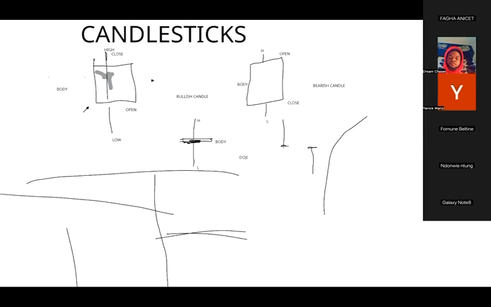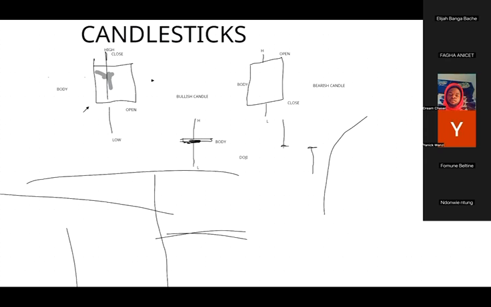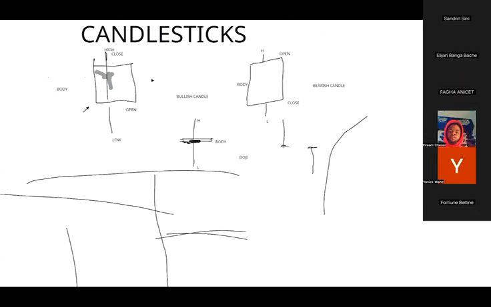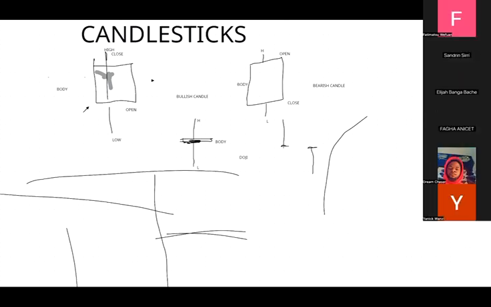And again, to be honest with you guys, there are a ton of candles, and we'll head to the chart soon, and I'll show you where you can find this and how you can use them to your advantage.